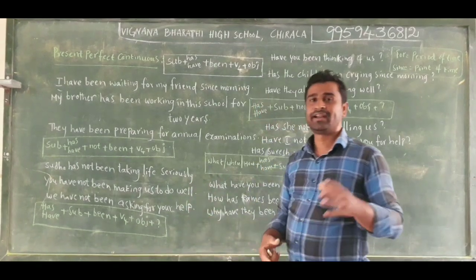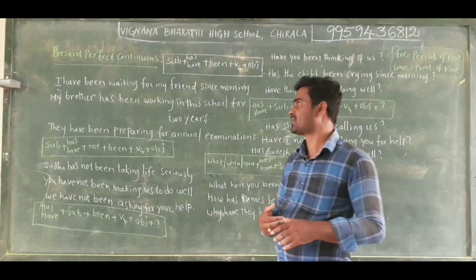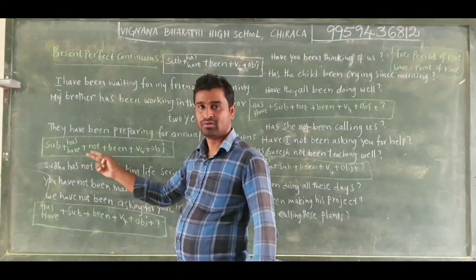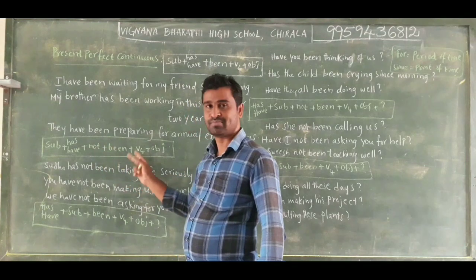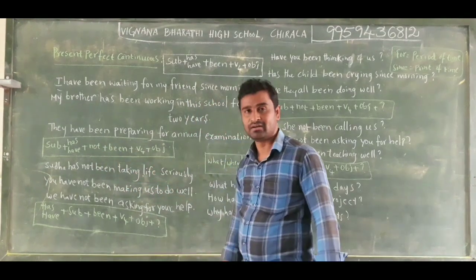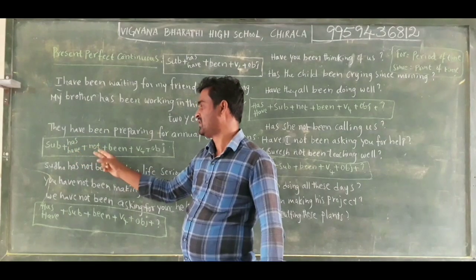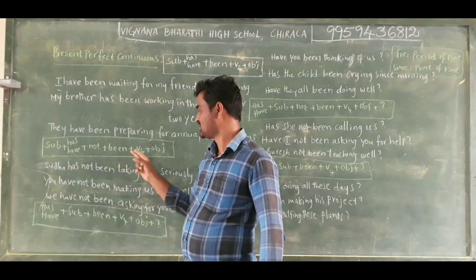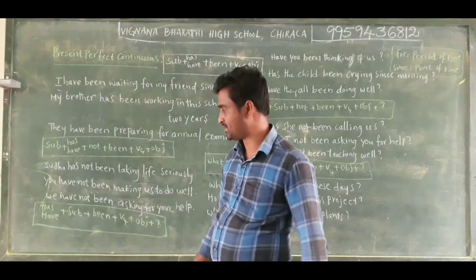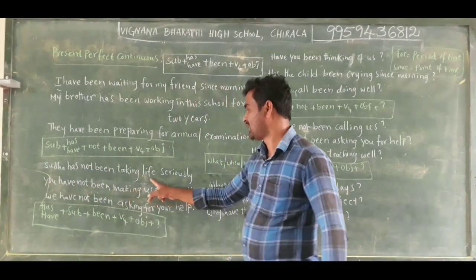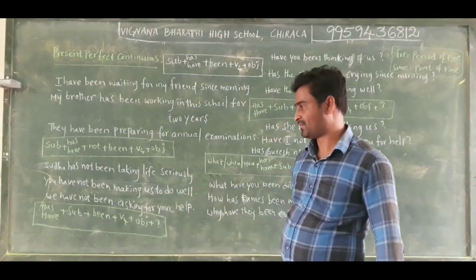Next, the negative formation of present perfect continuous tense is subject has or have plus not plus been plus verb 4 and object. Sudha has not been taking life seriously.